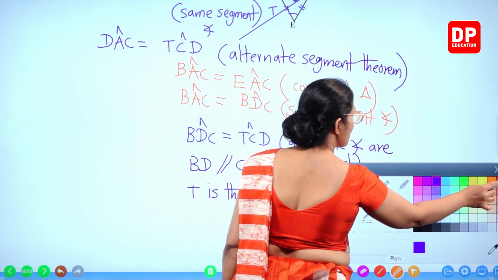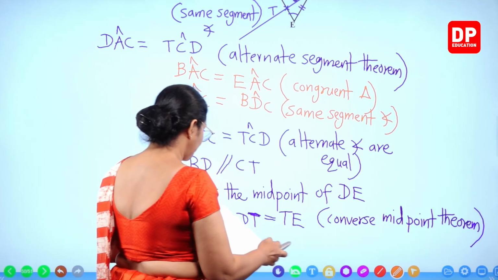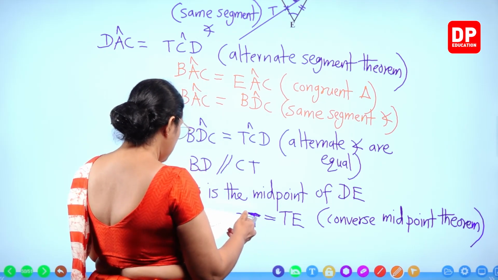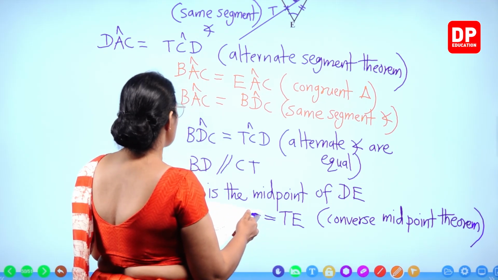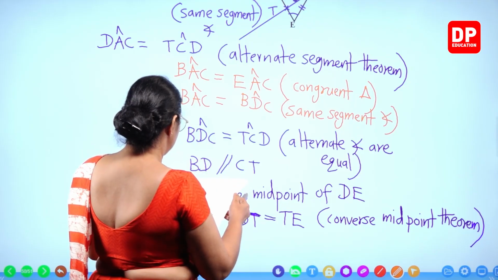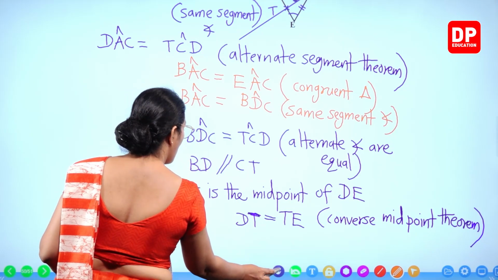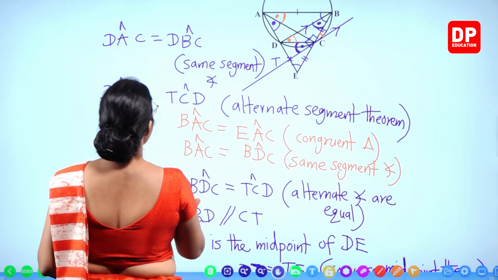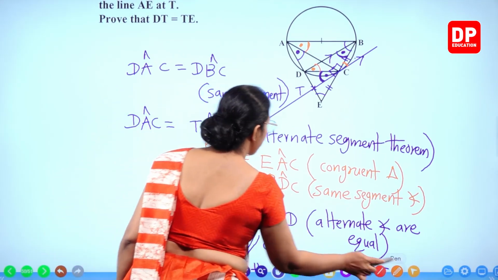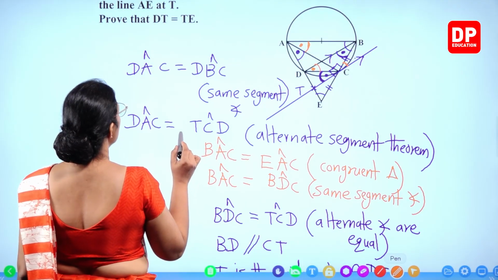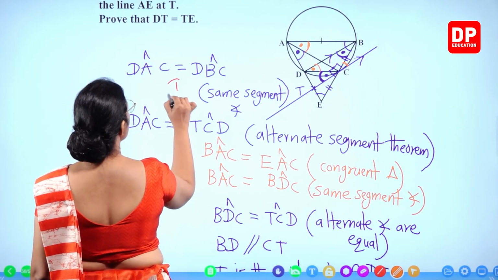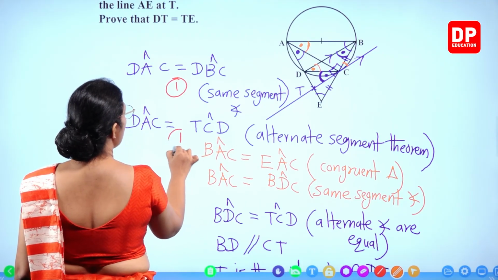So how many marks for that part? You are getting 7 marks for that. So we'll give marks for all these steps. We'll give 1 mark and here 1 mark.